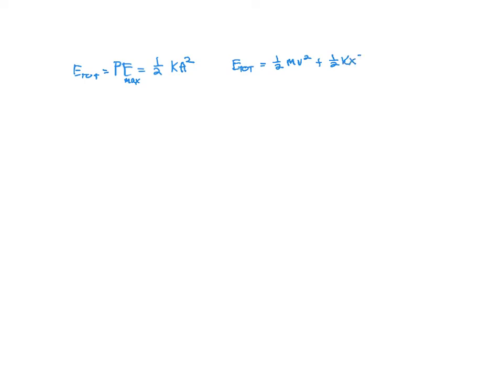Now notice I'm using x rather than A here because we've moved and turned some of that initial maximum potential energy partially into kinetic with some potential still left over. So what I'm going to do here is equate these two equations.